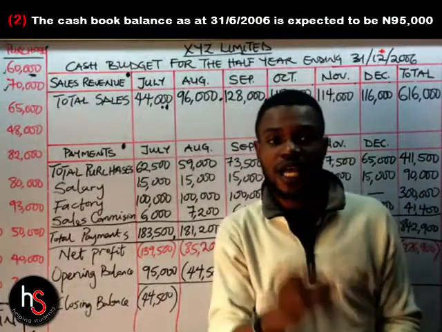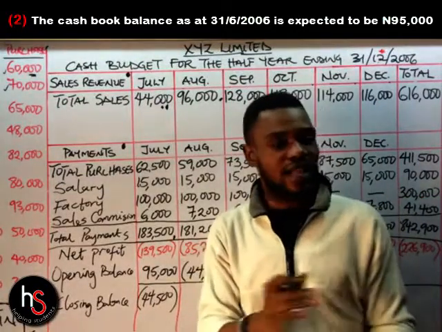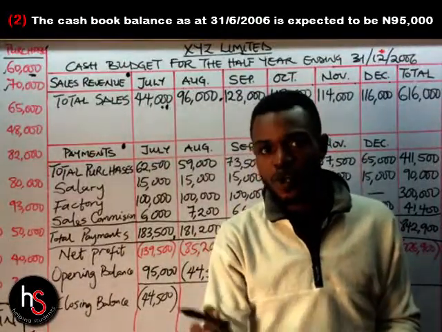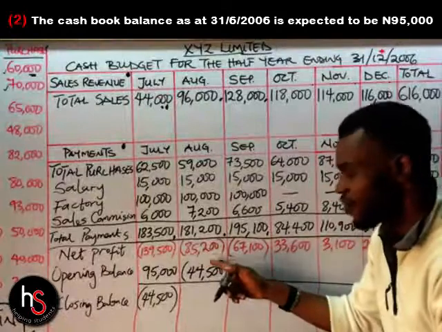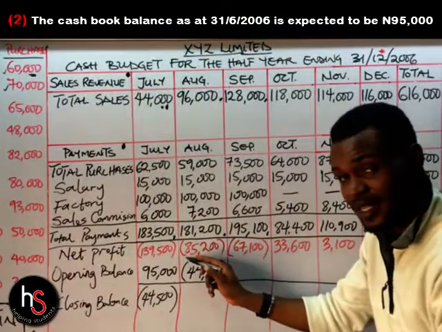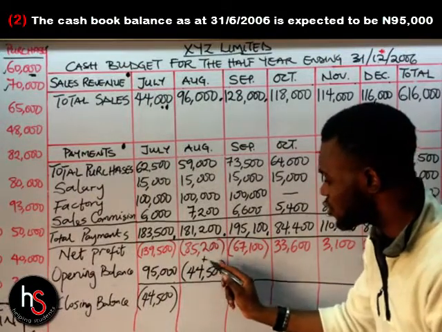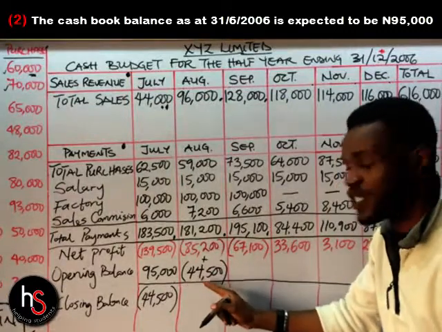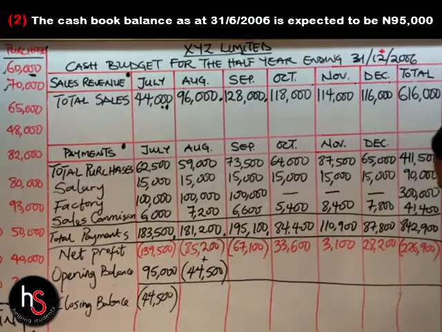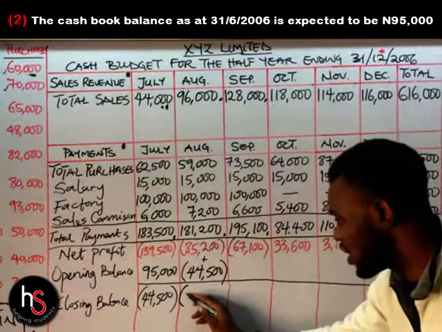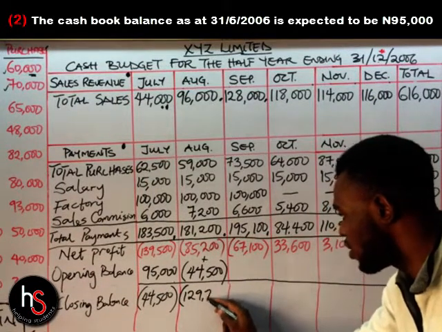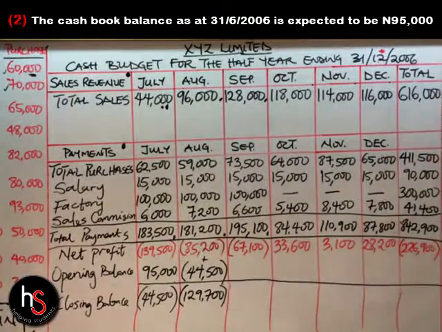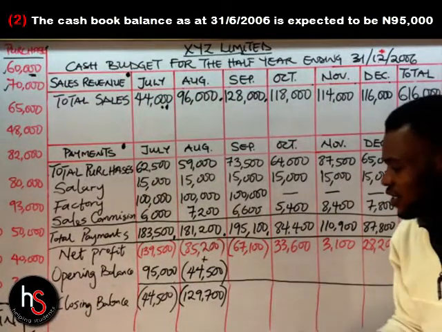Because if I tell you that plus minus is minus, and so on, you might get confused. So do it this way. Minus 85,200 because of this bracket sign, then plus minus 44,500. So this particular transaction gives us minus 129,700.